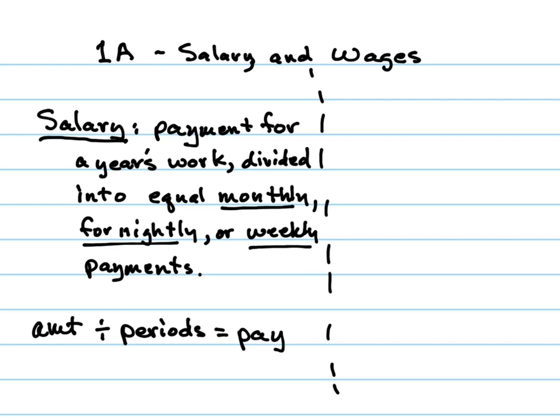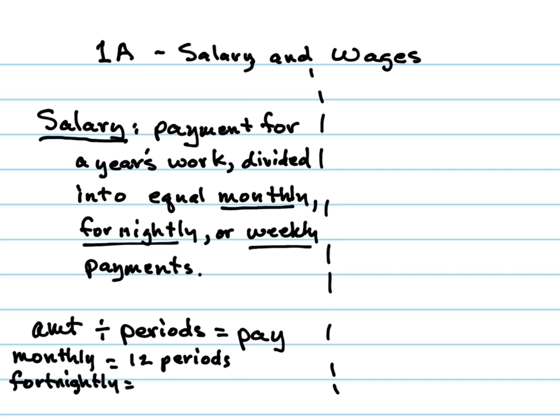So for example, you just need to remember that if you're paid monthly, that's 12 periods because there are 12 months in a year. If you're paid fortnightly, then that's 26 periods.